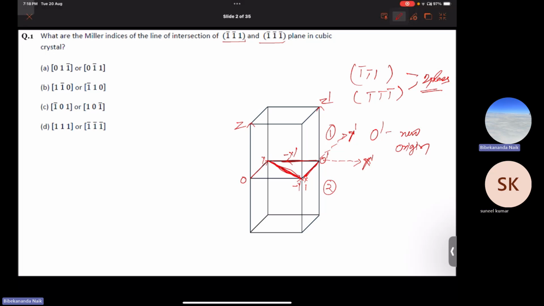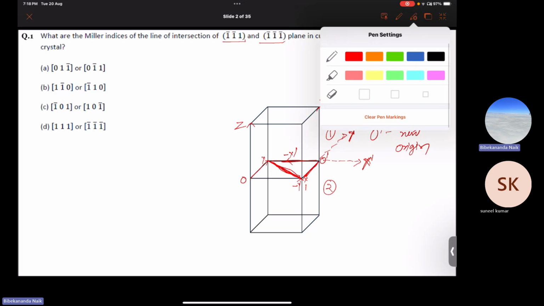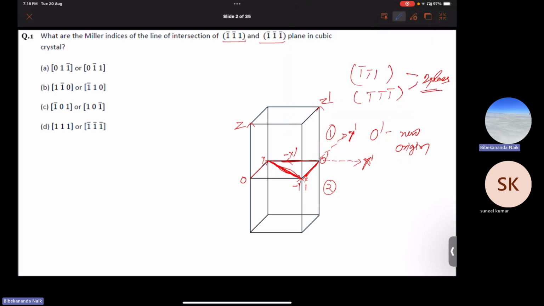Let me draw with another color pen. So -1, -1 means, if you see this line, suppose this is A and this is B, this line intersects at -1 on the x-axis and -1 on the y-axis. And for the Miller indices -1, -1, and 1, it will intersect the z-axis along the positive direction. So this is the plane.